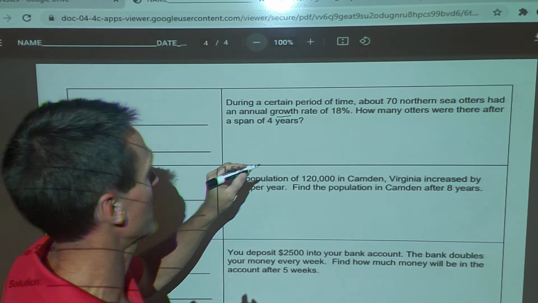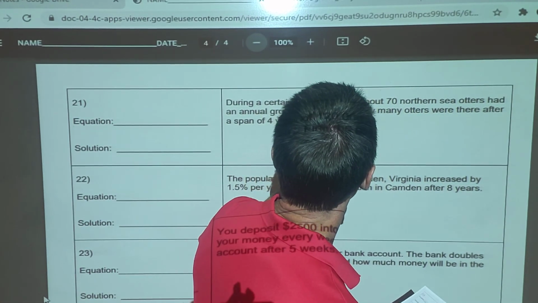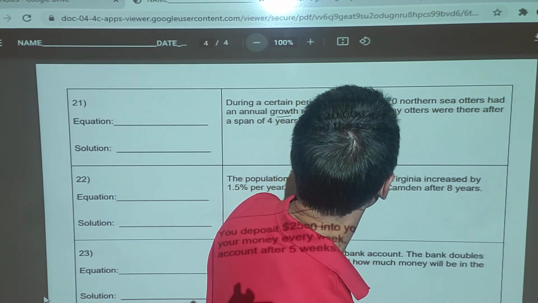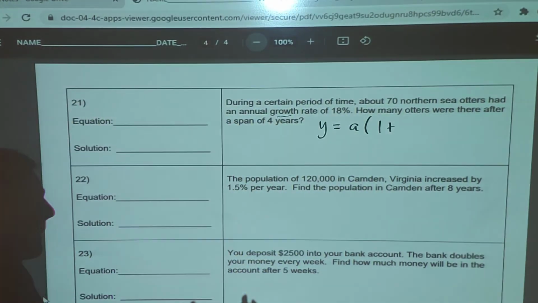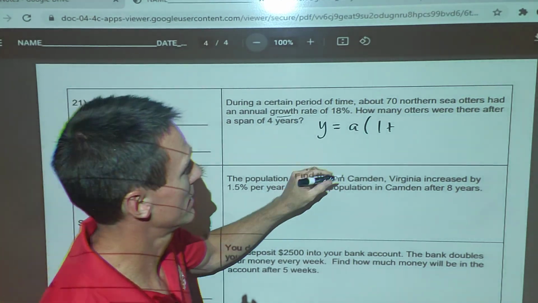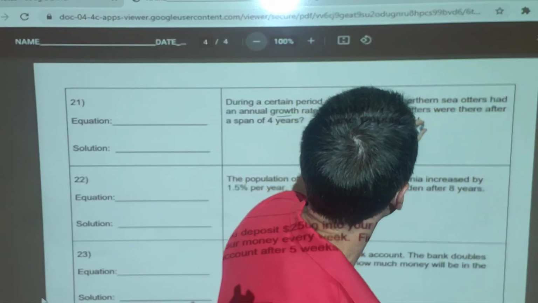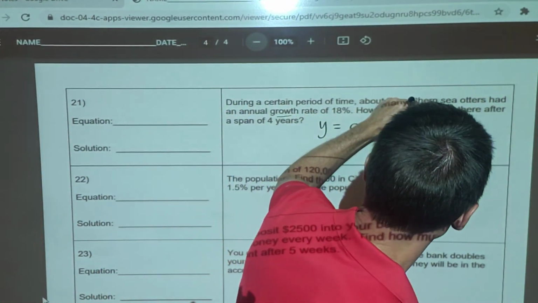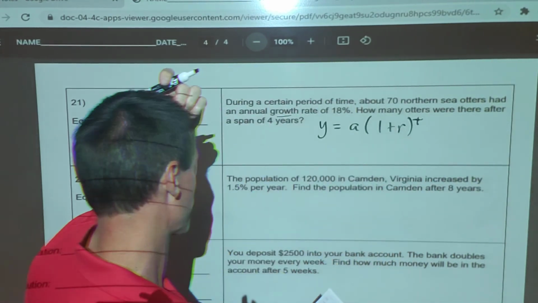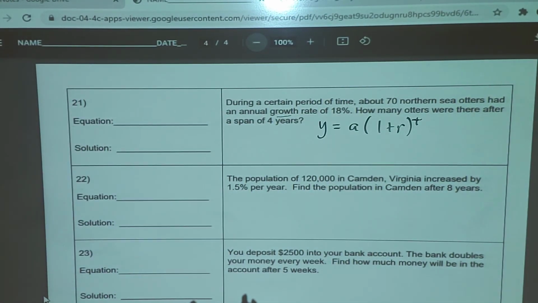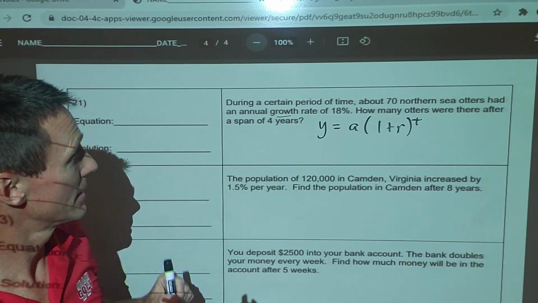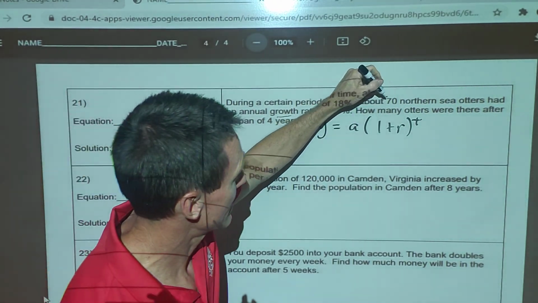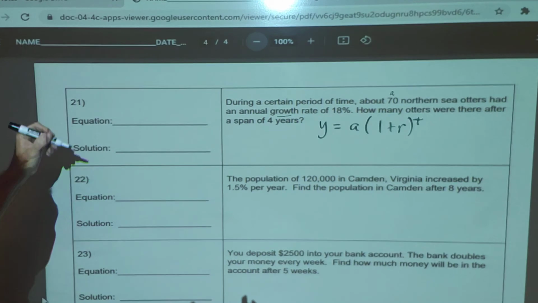So our same formula applies here, with the exception that we're adding, since it is growth. So we're adding the rate. Everything else remains the same. T for time. On this problem, our initial amount is 70. That's what we're starting with.